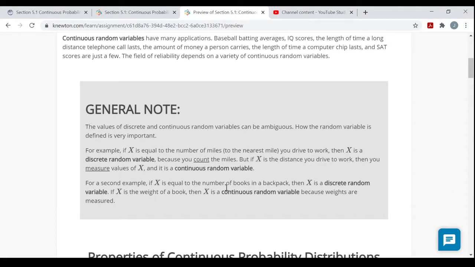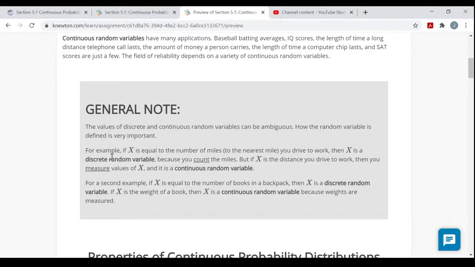So a note here about the difference between discrete and continuous yet again. The values of discrete and continuous random variables can be ambiguous, hard to determine, hard to tell the difference between. How the random variable is defined is very important.